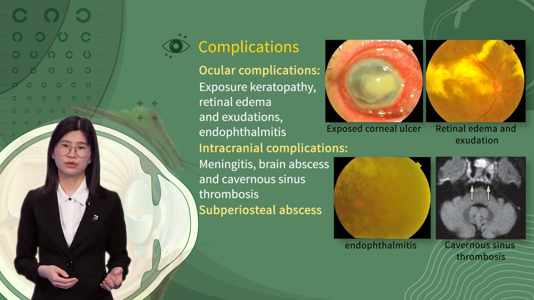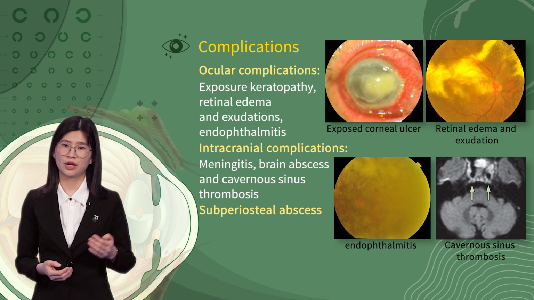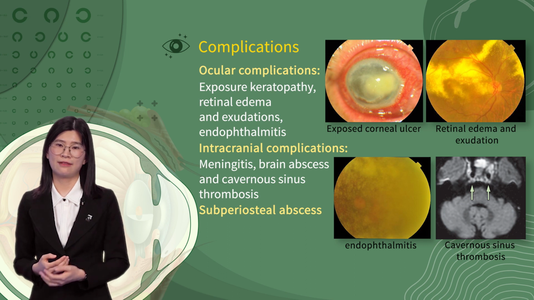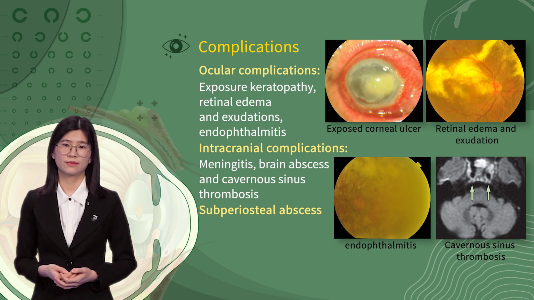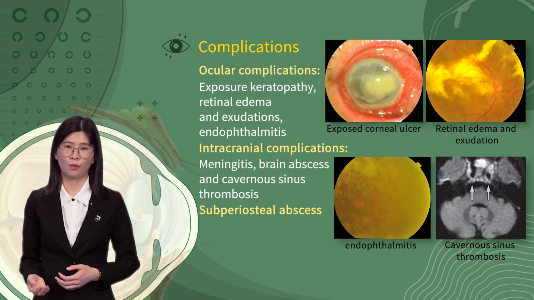Additional features include a rapid progression of all clinical signs, severe headache, nausea, and vomiting. Subperiosteal abscess is most frequently located along the medial orbital wall.